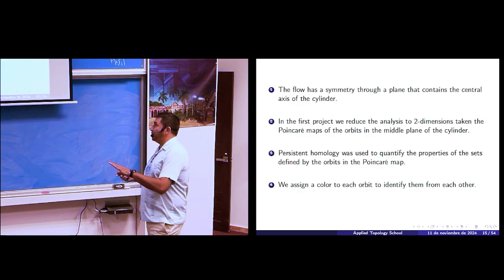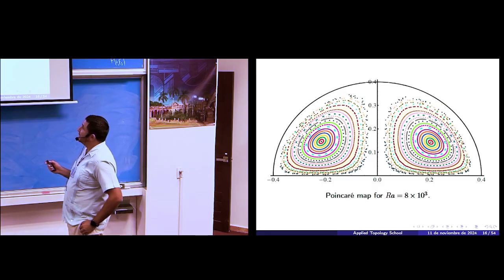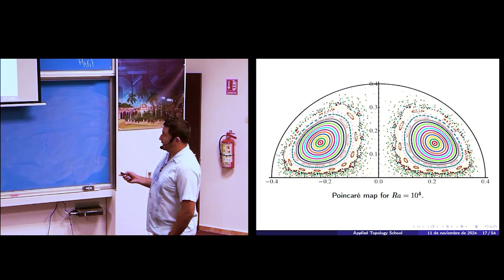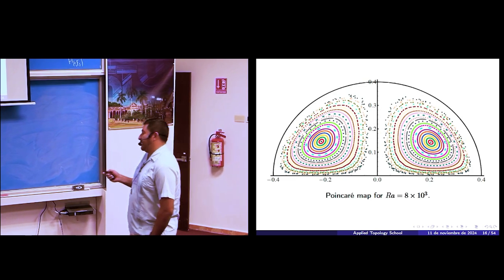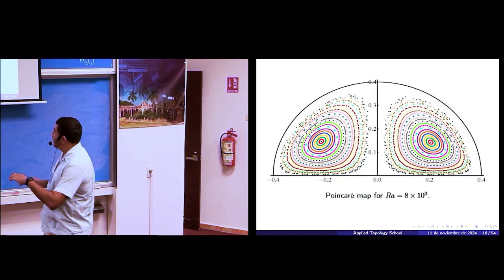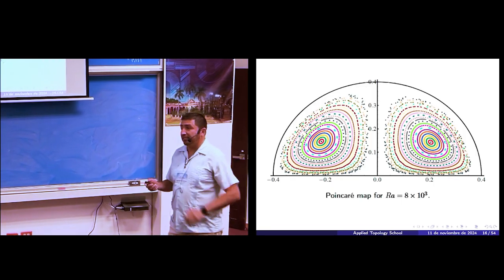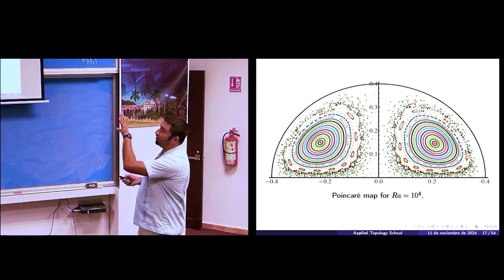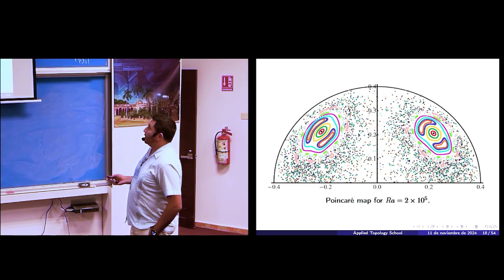Okay, let me show you the Poincaré maps. These are the Poincaré maps in the two cases studied. In the first one, we see that there is a laminar distribution of the flow in the 3-dimensional cylinder, but we are going to study only the sets in this Poincaré map.